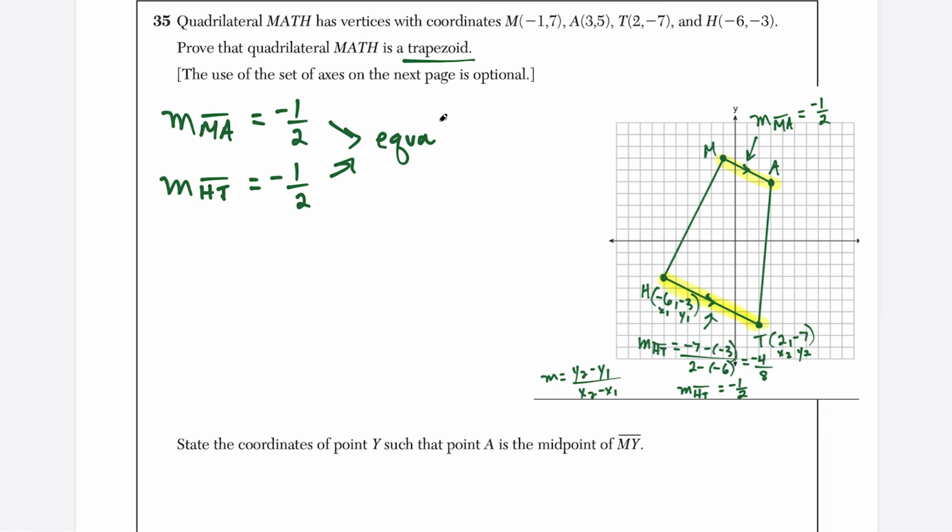So these are equal, which tells us then that the line segments MA and HT are parallel. So you are allowed to abbreviate like this and use symbols, kind of like a flow chart, to say what you need to. So we've established that one pair of opposite sides are parallel. So that establishes here that MATH is a trapezoid.